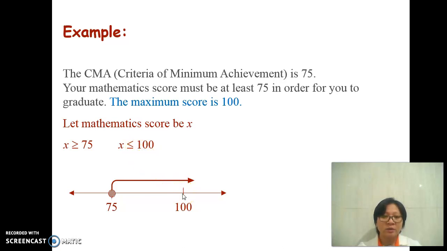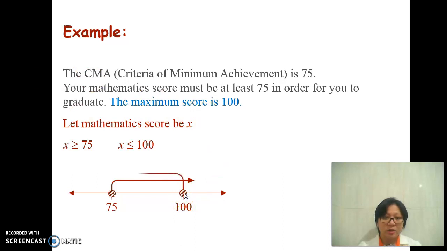The inequality sign contains equality, so I'm using a closed circle, and then the inequality symbol looks like an arrowhead that's pointing to the left, tells you to go to the left.